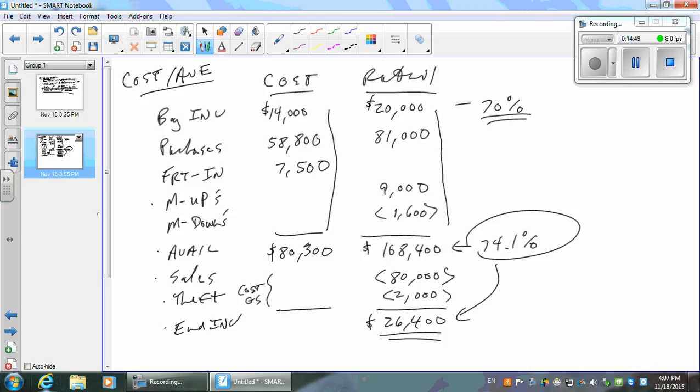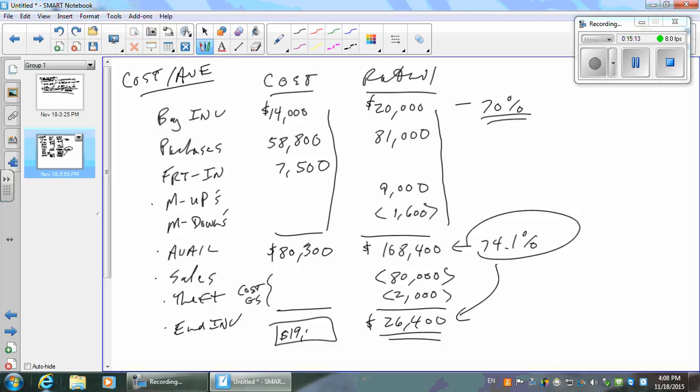You could do that. Do it that way because some of these methods, it won't work. This one would be fine, but on some of these methods, it won't work to do the sales and get the cost of goods sold and then subtract the cost of goods sold. So what's best to do is get this inventory first. I'm estimating the ending inventory here, okay? So what's 74.1% times 26,400?